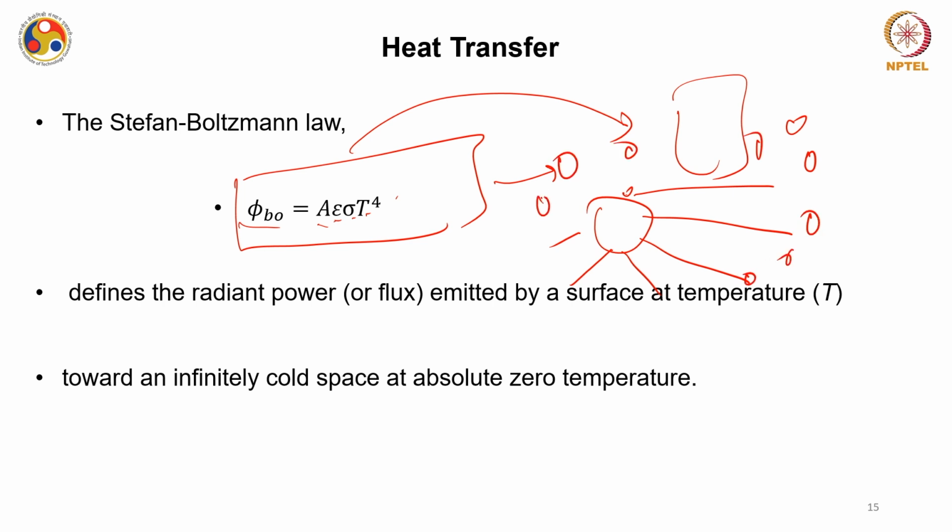So it's not a unidirectional radiation. This radiant power emitted by this object surface at temperature T is towards infinitely cold space, which is assumed to be at absolute 0 temperature. So I am assuming that this is being emitted towards a colder object at absolute 0 temperature.